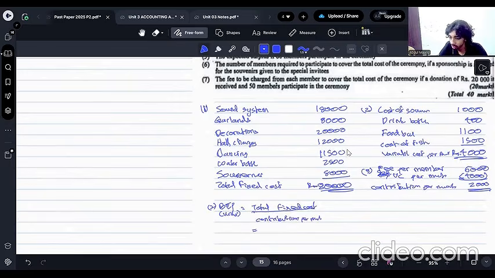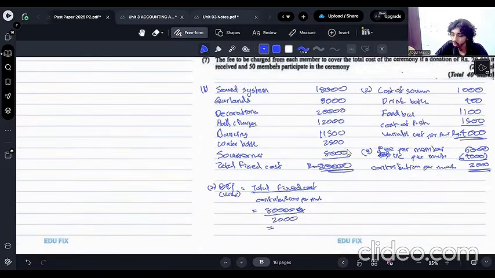Total fixed cost is 80,000 divided by contribution per member 2,000, that is 40 members. Now, for you to come to a situation where you're covering your total cost without a profit or loss, at least 40 members should attend the ceremony.